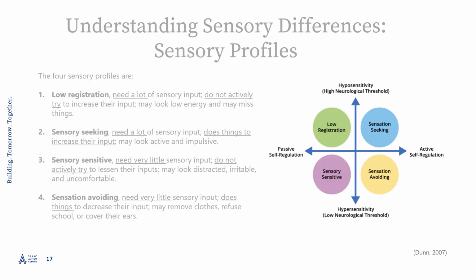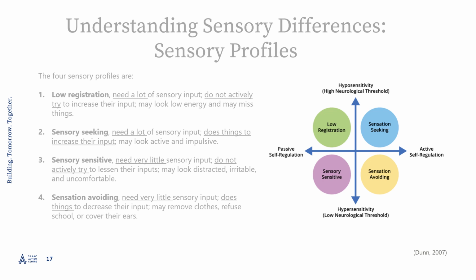There are 4 sensory profiles to help you understand different sensory needs. The first is low registration on the top left of the quadrant. People with a low registration profile have high thresholds for input, so they need a lot of the same. But they use passive self-regulation strategies, so they do not actively try to increase their input.